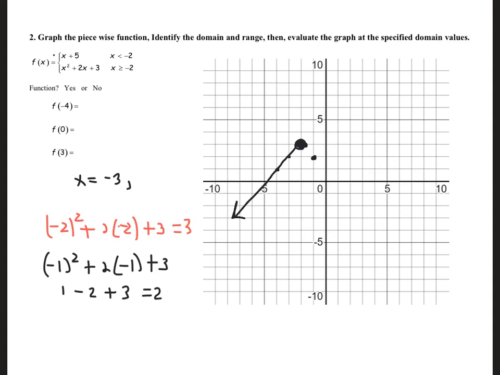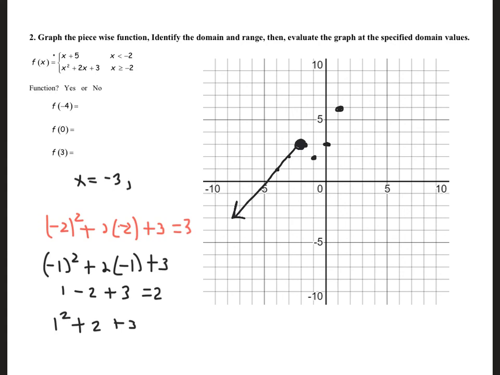When x is 0, we get 3. What about when x is 1? When x is 1, it's going to be 1 squared plus 2 plus 3. So that's going to be 6. And that's going to be there.